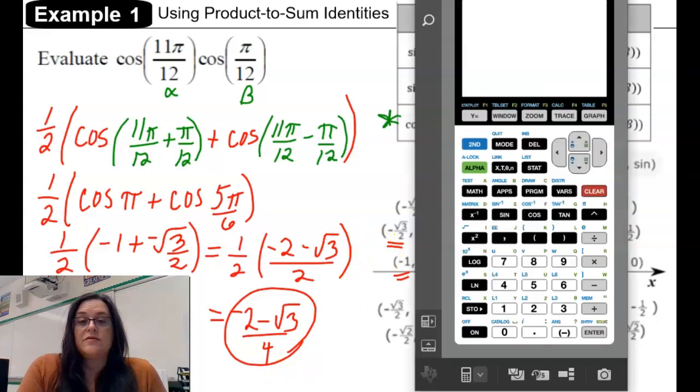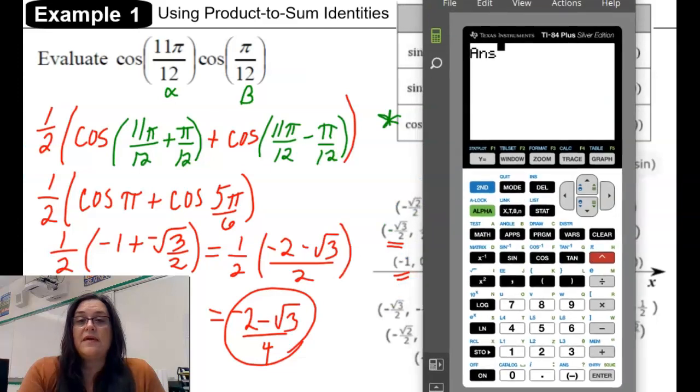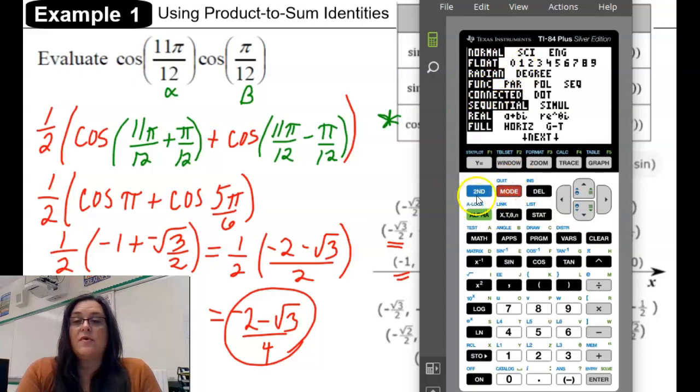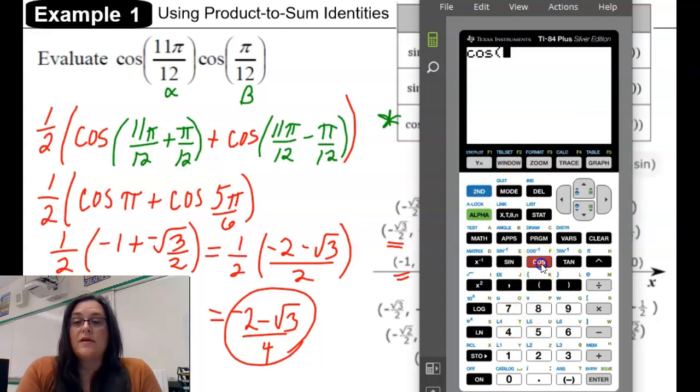So we can't get that exact value directly from the calculator, but we can compare the decimal equivalents for the answer we got and the original problem to see if they match. So we want to be in radian mode, which we are, and we're going to evaluate the cosine of 11 pi over 12 times the cosine of pi over 12.